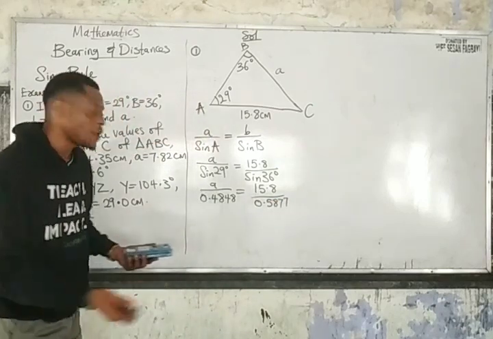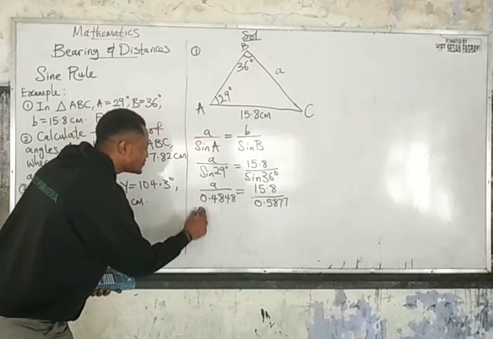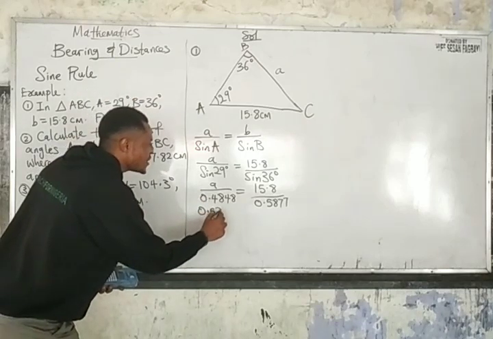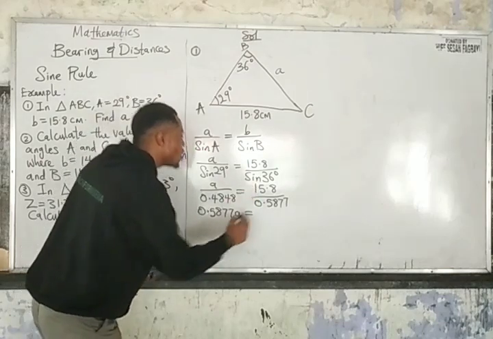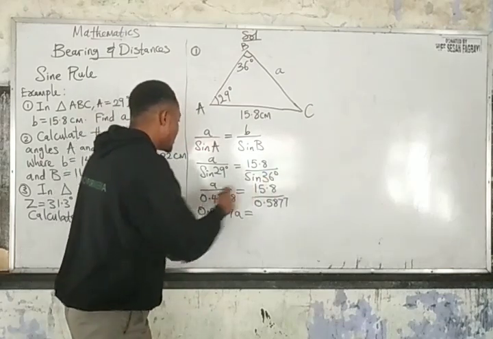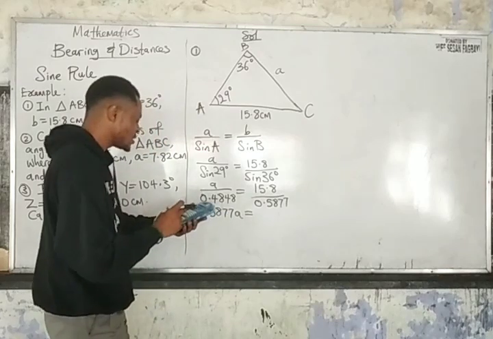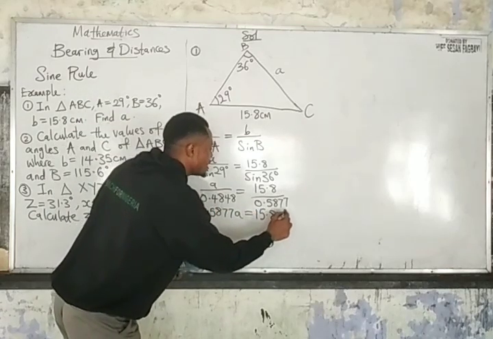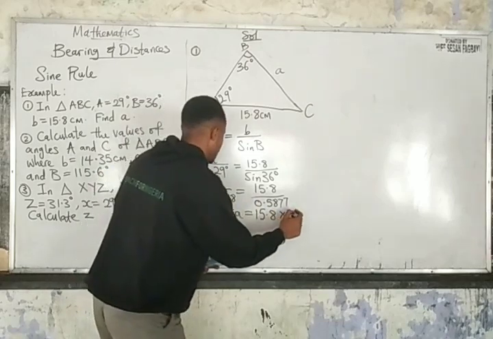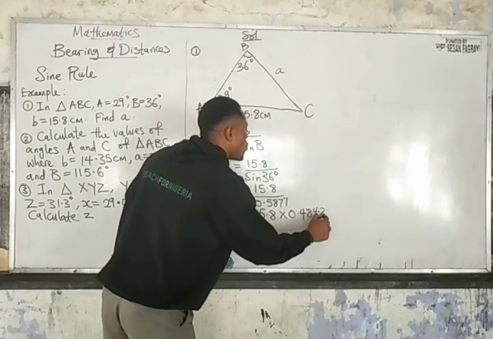Then we cross multiply in order to identify what a will be. So by the time we do that, we have 0.5878 times a equals 15.8 multiplied by 0.4848. Let me write it. 15.8 multiplied by 0.4848.